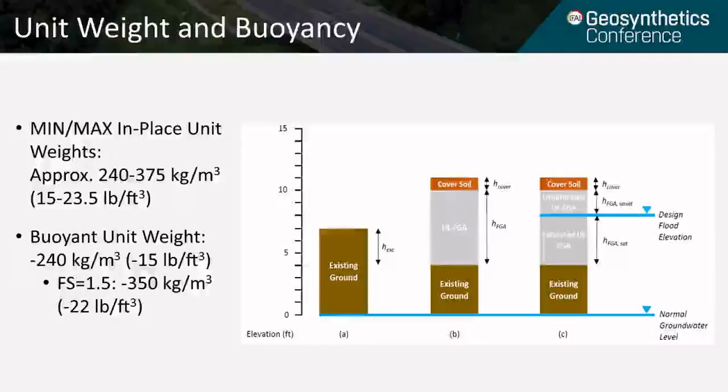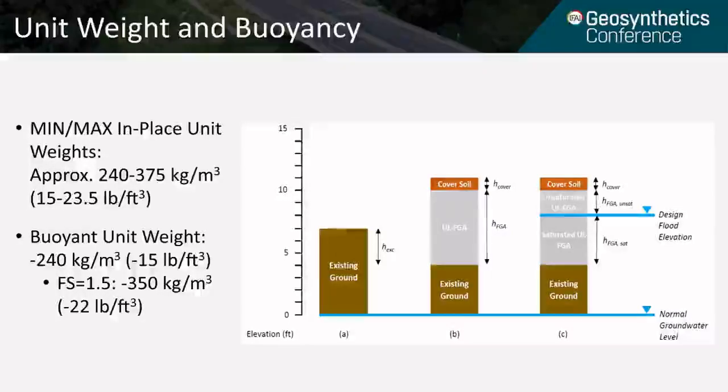For projects that are going to be constructed near waterways where the foam glass aggregate layer could potentially be flooded and submerged, a buoyancy check should be done on the material. This is because most foam glass aggregate that is intended for infrastructure use is a closed cell foam glass, which means that it is going to be slightly buoyant. The buoyant unit weight determined through testing has been found to be on the order of minus 15 pounds per cubic foot.